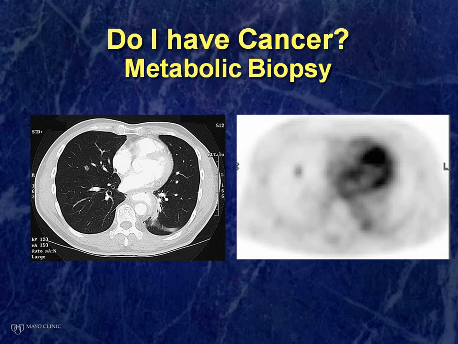Sometimes I don't have to put a needle in everywhere. I can use the metabolism, the use of glucose in this case, to tell whether this spot is likely to be cancer. Again, nothing's perfect, but this is a way to measure whether it is likely to be cancer. Unfortunately, in this person, it's very likely to be cancer because it was.